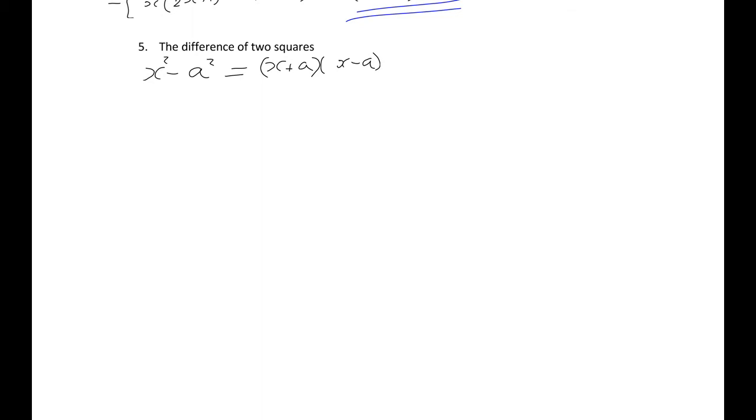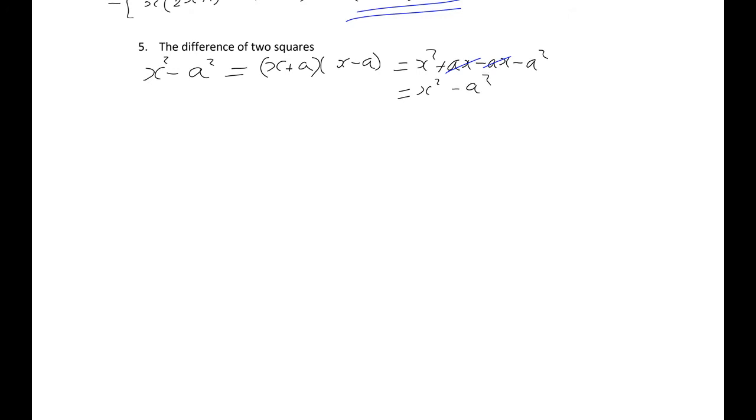Okay, so, let's have a little look at that. Times it out. That would be x squared plus ax minus ax minus a squared. Plus ax minus ax, they cancel, and as expected, this equals x squared minus a squared.